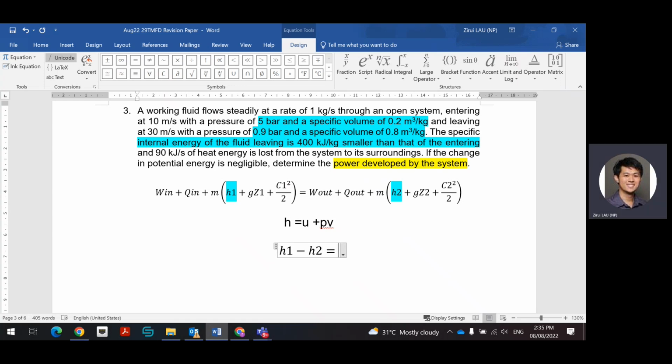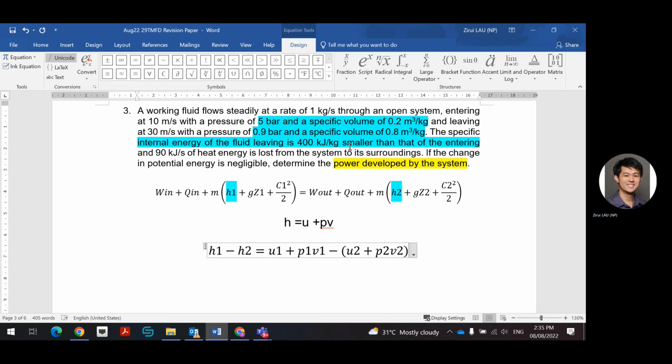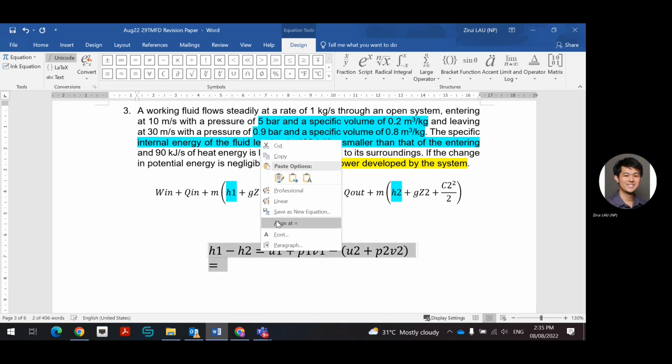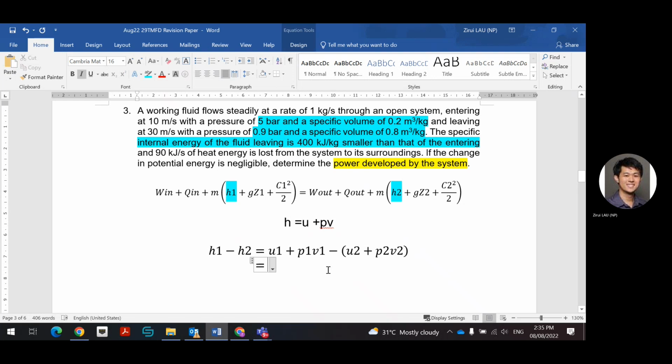They say the internal energy leaving is 400 kilojoule per kg smaller than that of the entering. So what we can calculate here is H1 minus H2. How do I know that? Because H1 is U1 plus P1 V1, minus away U2 plus P2 V2. We can group the U1 minus U2 together, plus your P1 V1 minus P2 V2.